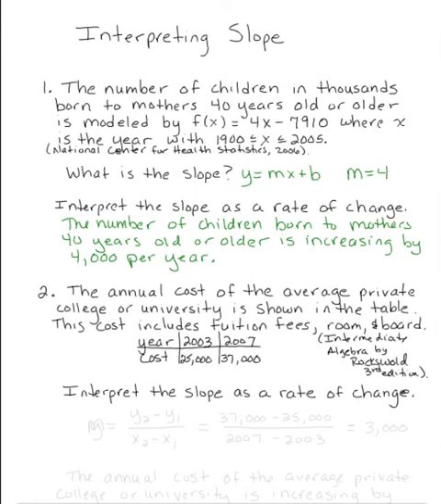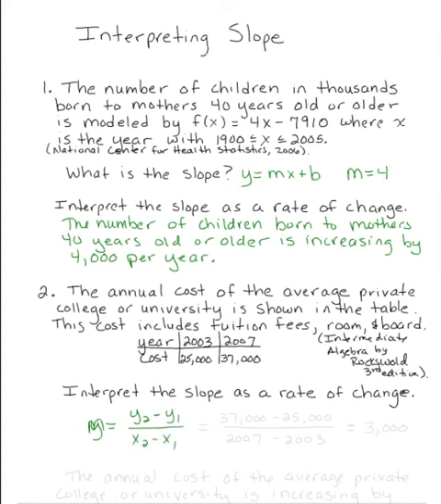The question wants us to interpret the slope as a rate of change. Well, we don't have an equation in this problem, but we do have a table, and in that table we are given 2 points. Remember, that is all you need to calculate the slope, is 2 points. Slope, that would be m equals y2 minus y1 all over x2 minus x1.